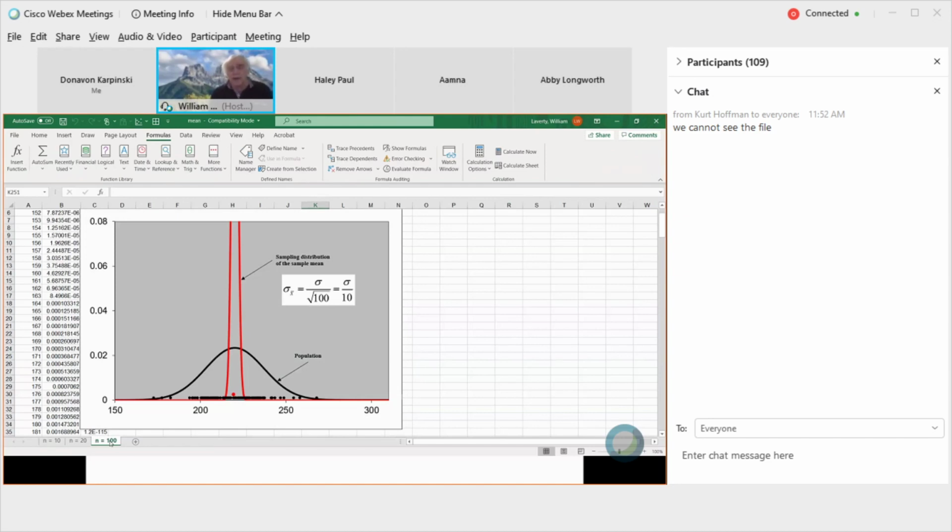It's a lot more compact. There are 100 observations. Pressing recalculate, it'll regenerate those observations. See, you get a few that are outside. The red dot is coming from underneath the sampling distribution of x bar.